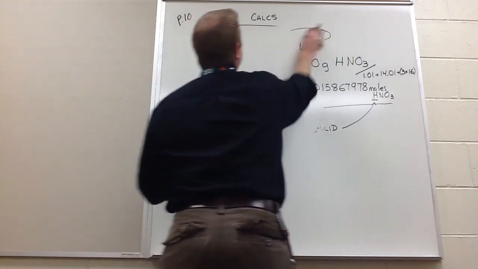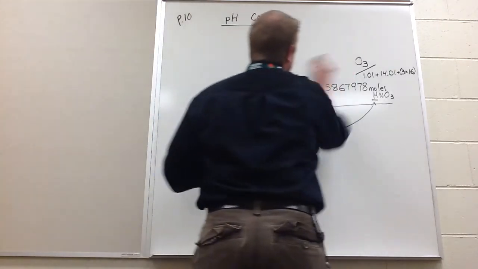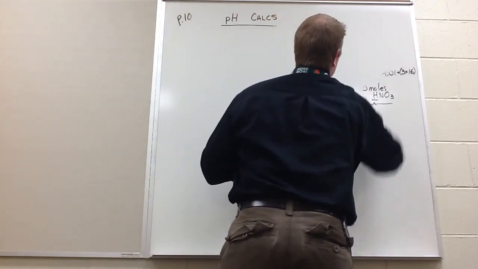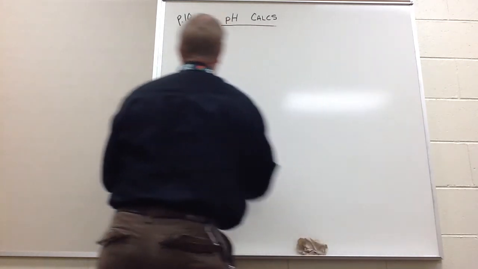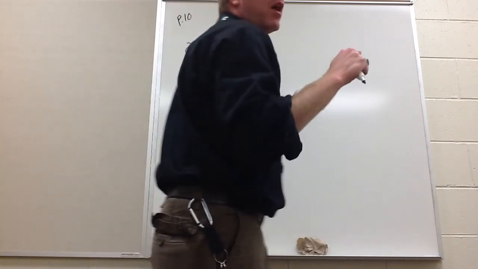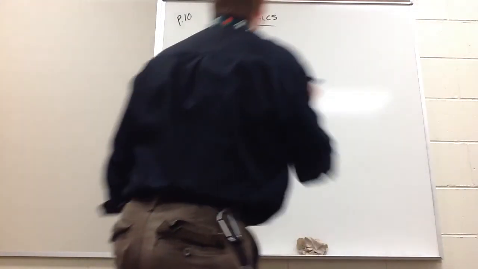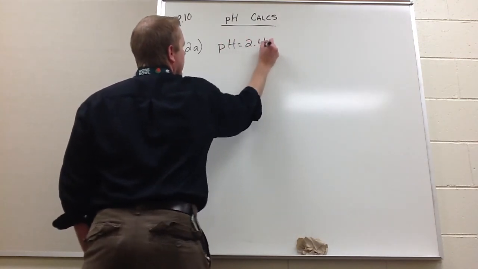Now, real quickly, pOH is number 2. Well, number 2 is pretty easy. All you have to do in problem number 2 is plug in your answers from problem number 1. So I'm going to do 1, and that'll be it. So this will be 2A. Well, we knew from 1A that the pH was equal to 2.4.